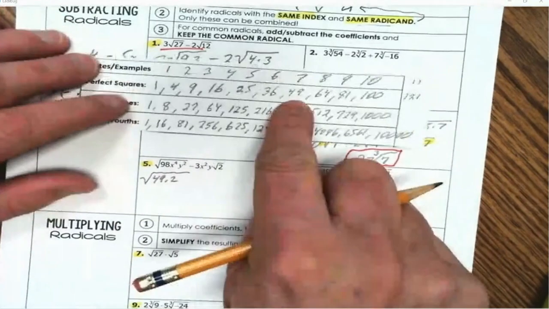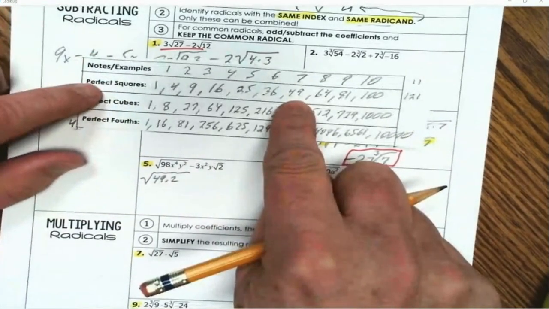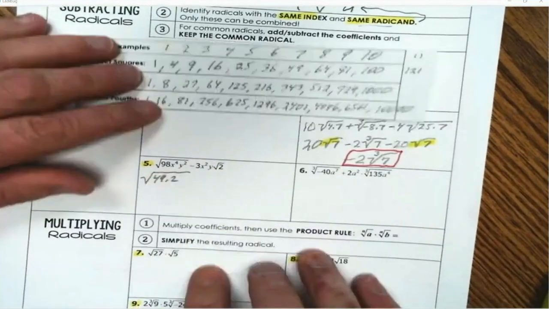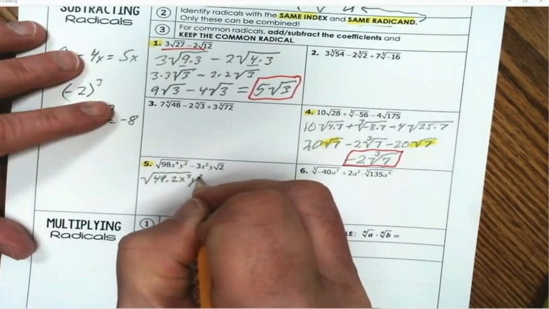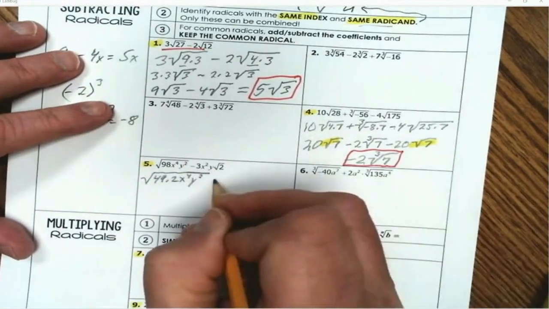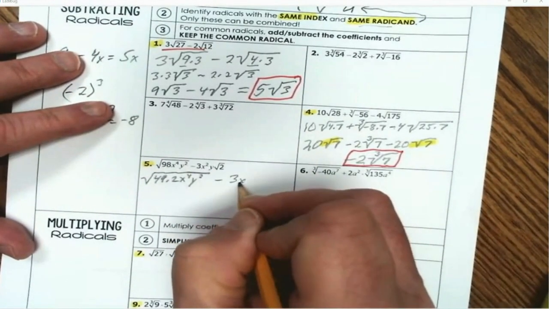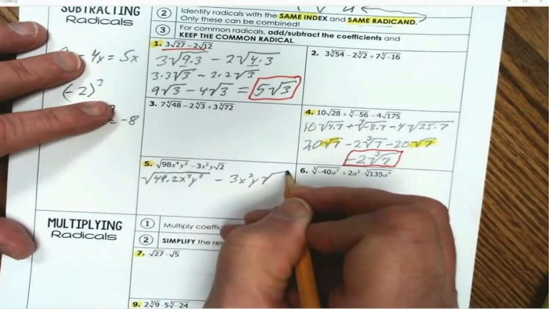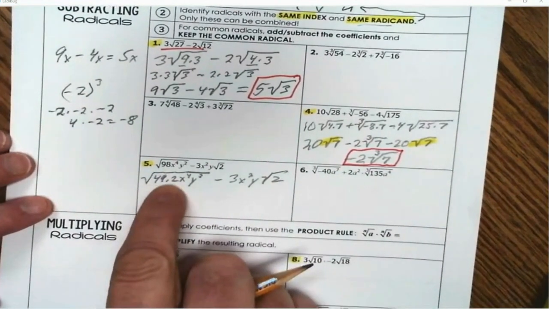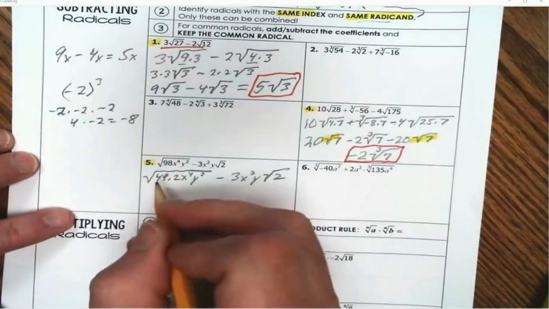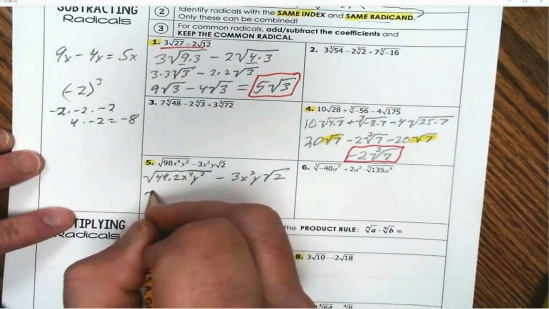We've got 49 as one of our perfect squares. We know if we double it, that's 98. X to the fourth y squared, all of that's under there, minus 3x squared y square root of 2. So if this is 49 times 2, the square root of 49 is 7. So that means out front, we're going to have a 7.